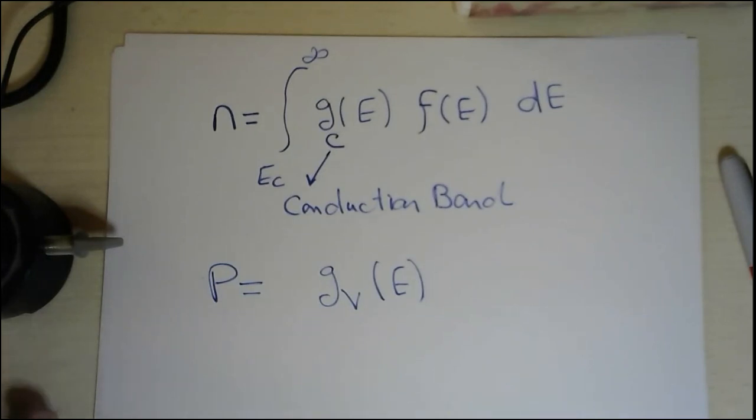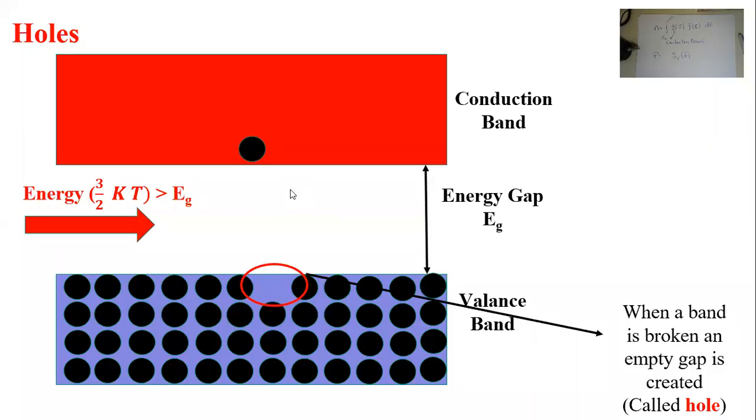Let me, for a while, return back to my slides. Okay, as you can see here, in the valency band, in the blue area down, if F of E is the probability to find an electron, what is the probability to find a hole? Actually, very simple. If you are in the valency band and you couldn't find an electron, then by default, it's a broken bond and it's a hole. This is like the red circle I'm plotting in the valency band, which represents a broken bond.